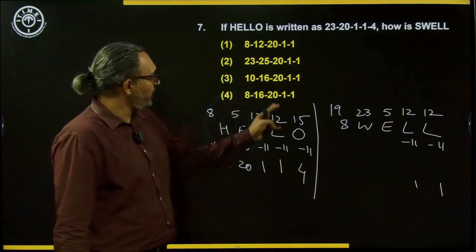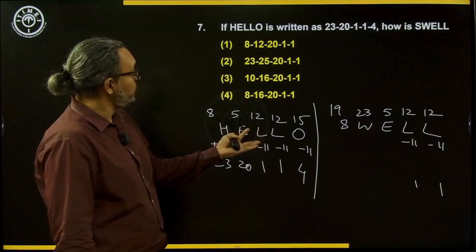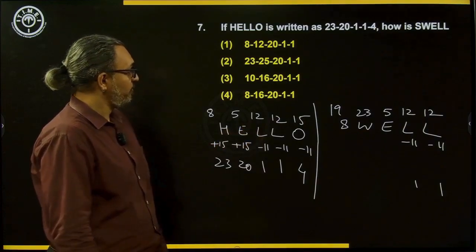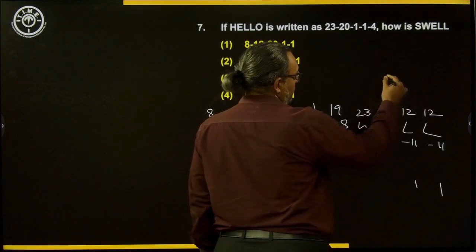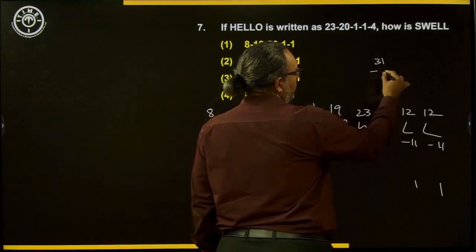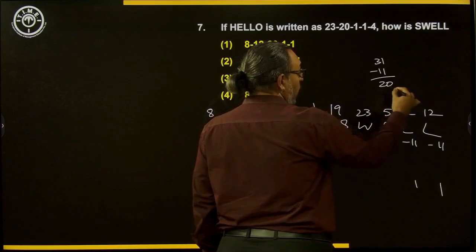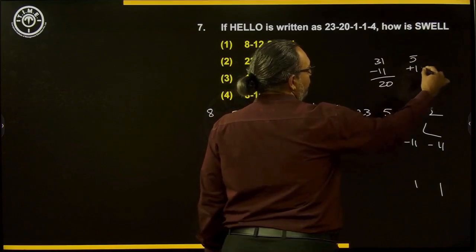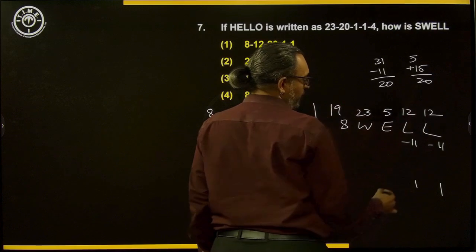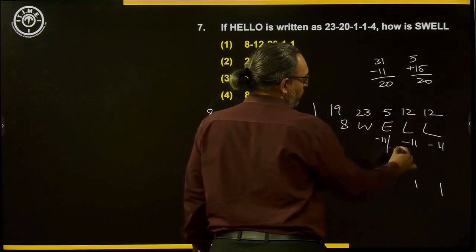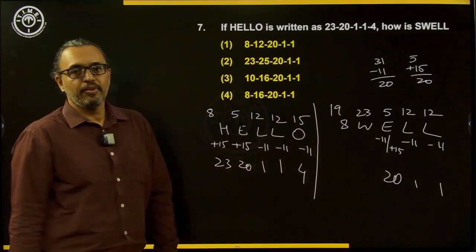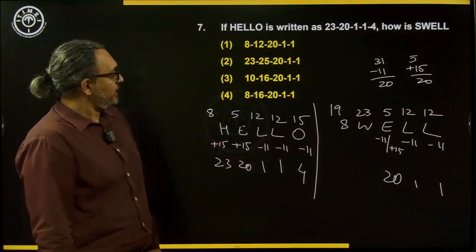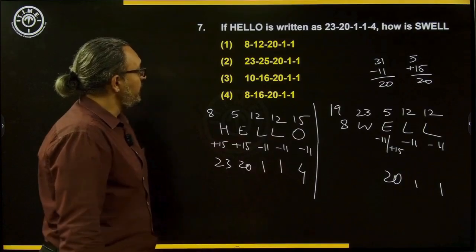Yeah, you're also getting 20. By taking 5, you add 15, that also is 20. So could be minus 11 or plus 15. Both ways you are getting 20.